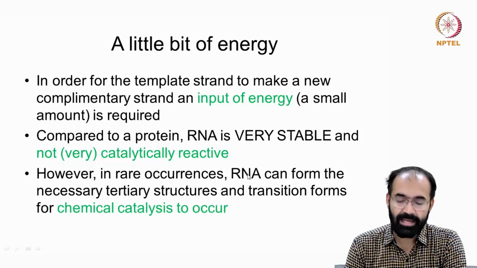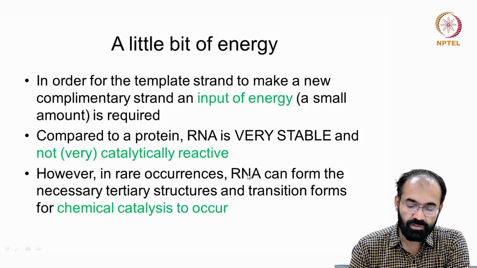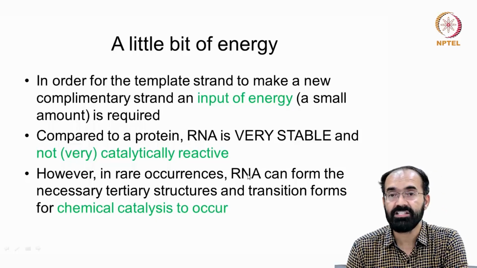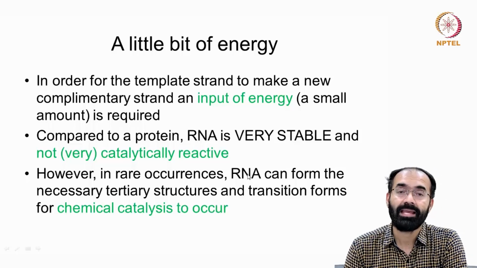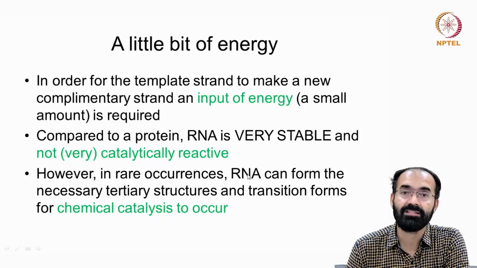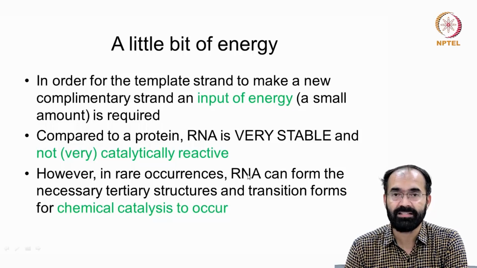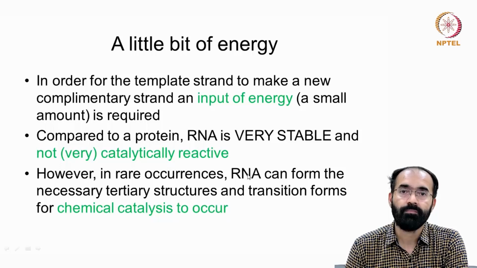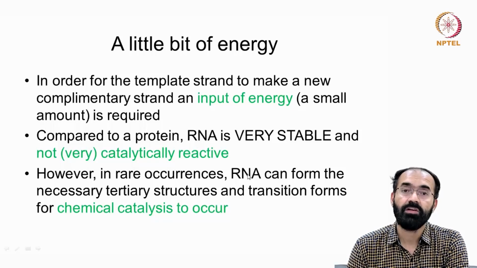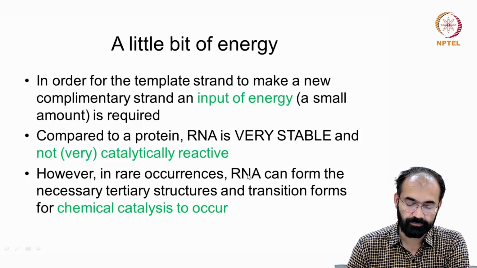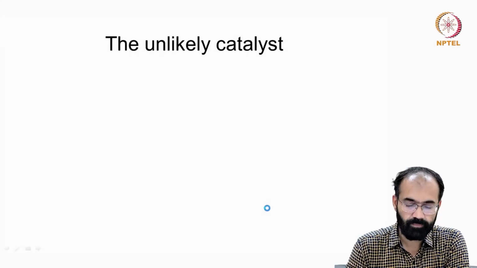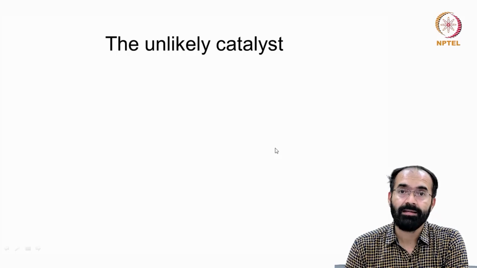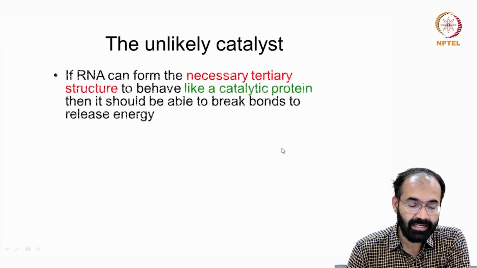However, in very rare occurrences, RNA can also form necessary tertiary structures and transition forms that can make use of chemical energy, that is, chemical catalysis can occur, and there is evidence even in the modern world to show that ribozymes can perform the chemical catalysis of various nucleic acids. So let us see how good or how bad an RNA can be as a catalyst.